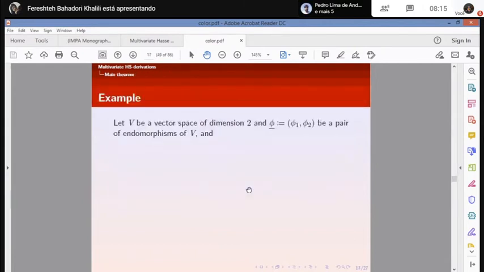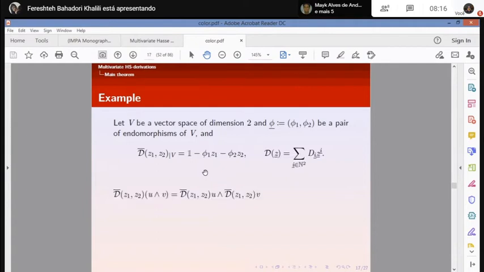Just let V be a two-dimensional vector space, and we have a pair of endomorphisms of V, and D bar is the unique Hasse-Schmidt derivation with the condition that its restriction to V is this, and D is the inverse of D bar.